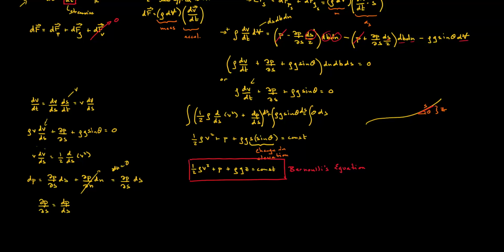This sum is what we call the total pressure. Let's rewrite this: P plus 1/2 rho v squared plus rho gz, each having dimensions of pressure, is equal to Pt, which we will call the total pressure.